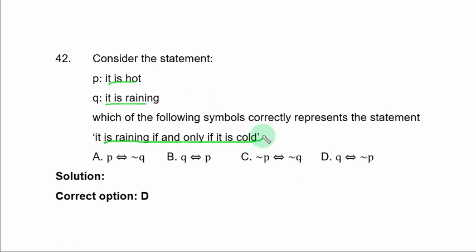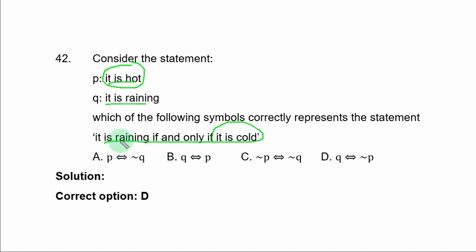So this it is cold here is already negating it is hot. So use the symbol for negation. Now from this statement you have Q, it is raining first, so Q must follow. If and only if, make use of the double headed arrow.